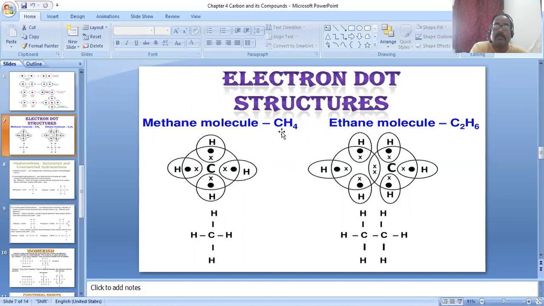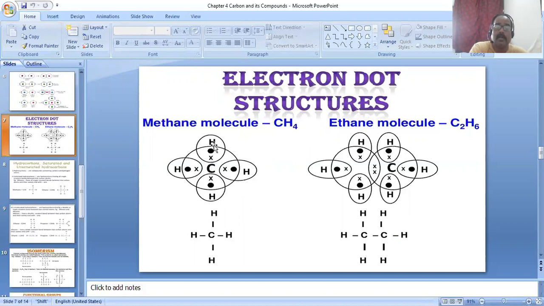And hydrogen, the total number of electrons is 1. Here in this molecule, 1 carbon and 4 hydrogen atoms participate and are combined with each other. So C is the central atom, represented in the middle, and 4 hydrogen atoms are joined to this C.